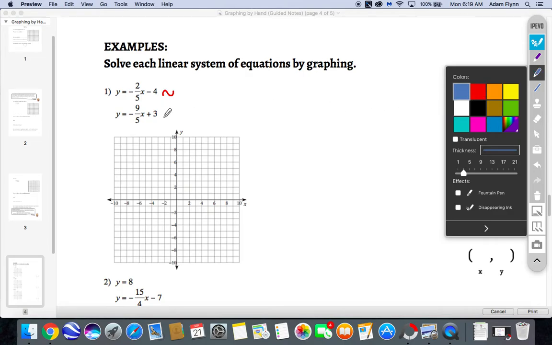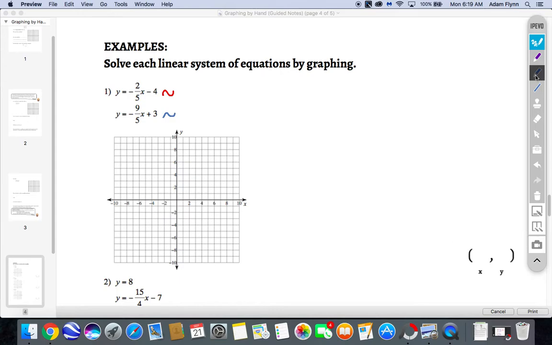Bottom line is going to be my blue line. In a quick analysis of these two equations, y is isolated, and it is in the form y equals mx plus b, so we don't need to do anything to either of these equations. We can just go ahead and graph them. They are in slope-intercept form.